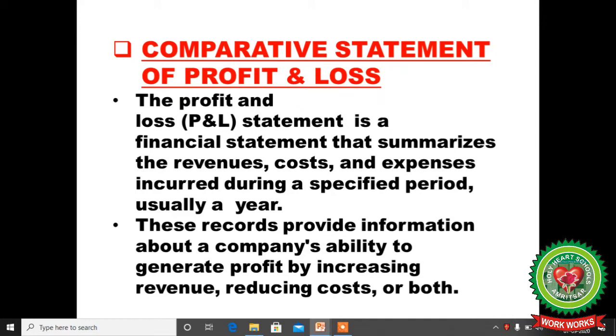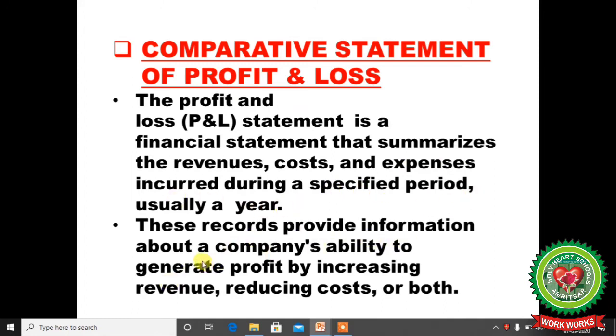Now the comparative statement of profit and loss. If anyone wants to compare the revenue or expenses of any company, which statement helps a lot? That is the comparative statement of profit and loss. The profit and loss statement is the financial statement that summarizes the revenue, cost and expenses incurred during a specified period, usually a year.